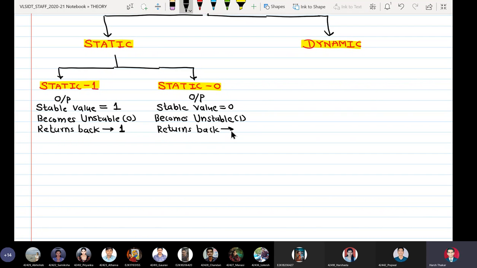The static 1 means the output's stable value is 1, it becomes 0, that is unstable for a very short time and returns back to 1. Static 0 hazard means the output's stable value is logic 0, it becomes 1, that is unstable for some time and returns back to 0.